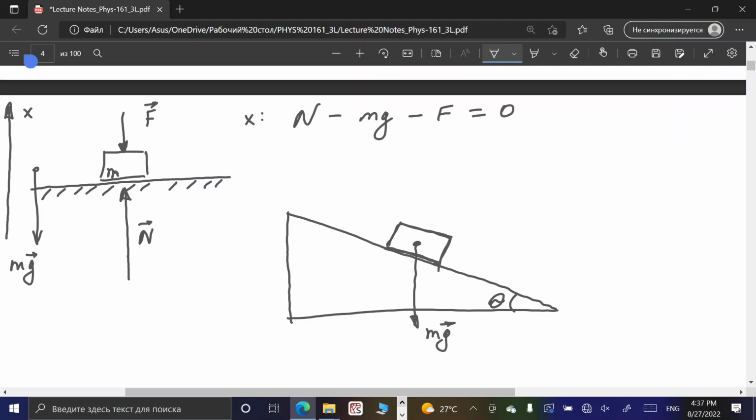And since this plane is inclined, we want to make our life easier in this case, so we pick our system of coordinates in such a way that we have axis x parallel to the inclined plane and axis y perpendicular to the inclined plane. So now we can split this weight of the block into two components.